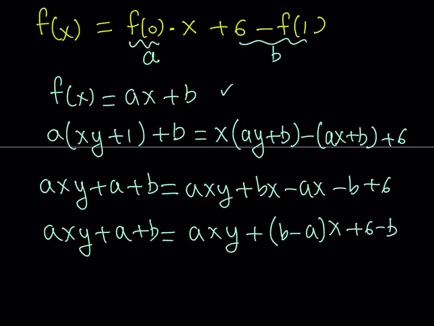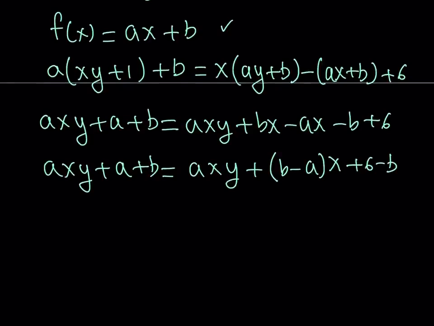Now when you compare the right hand side and the left hand side, this function is defined from reals to reals, so this is valid for all real values of x and y, which means that we can compare the coefficients of the terms. We have a polynomial in two variables on both sides. Here we have the axy and axy, so they nicely cancel out.